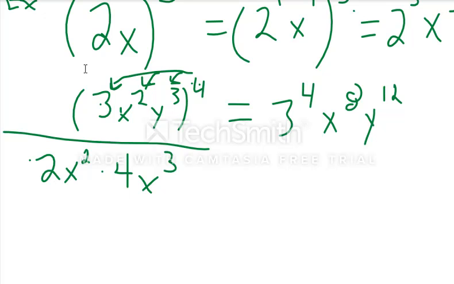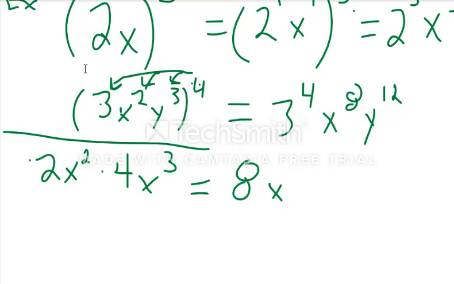If you notice the 2 and the 4, there are no exponents there, so we treat that just like normal multiplication. 4 times 2 is 8, so we're going to write that as 8. Then x squared times x to the 3rd, we are going to add those exponents because it's multiplication.